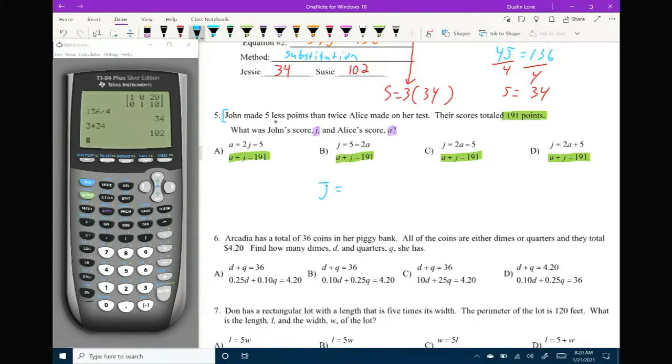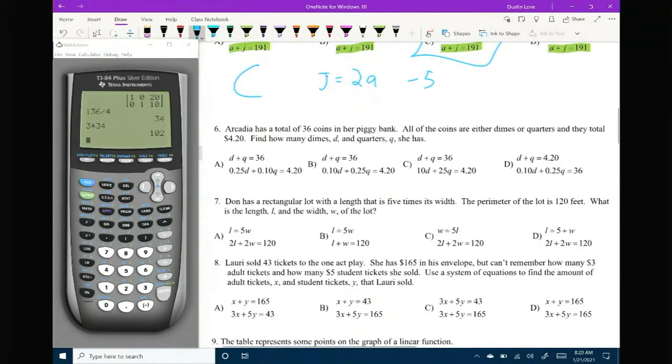Now, this whole less than is one of our switch order phrases. It gives us the idea of subtraction, but we're subtracting 5 off the back end. Then twice what Alice made. Well, if Alice made A, twice that would be 2A, so we're looking for J equals 2A minus 5. J equals 2A minus 5 is option C.